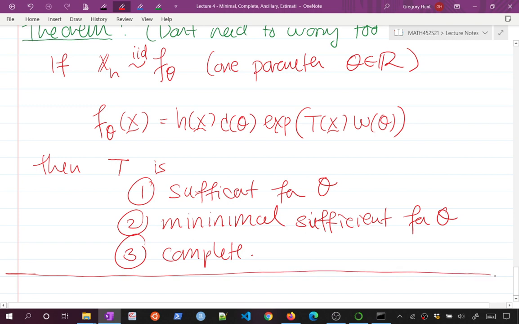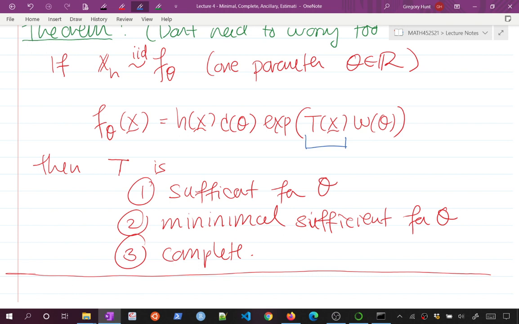We're going to work a lot with exponential families, and the reason I spent so long talking about this weird parameterization of exponential families is that everything works nicely for them. If I have data from an exponential family, this t here is a sufficient statistic for theta. It contains all the information for theta. It does not contain any extra information.